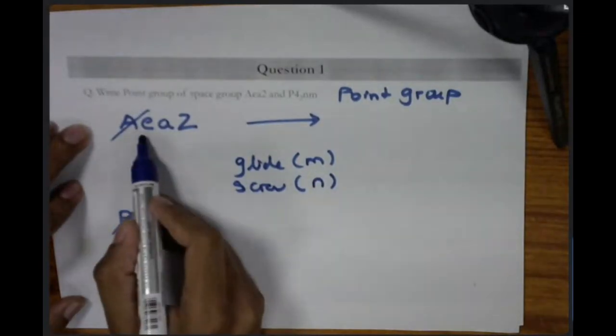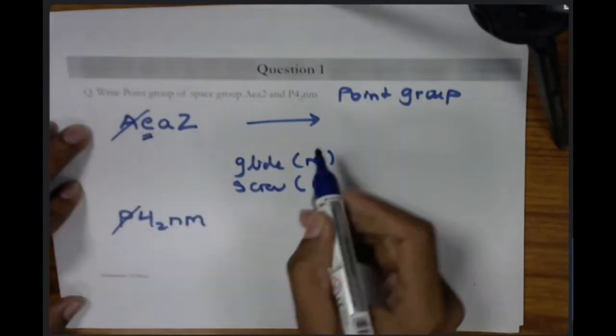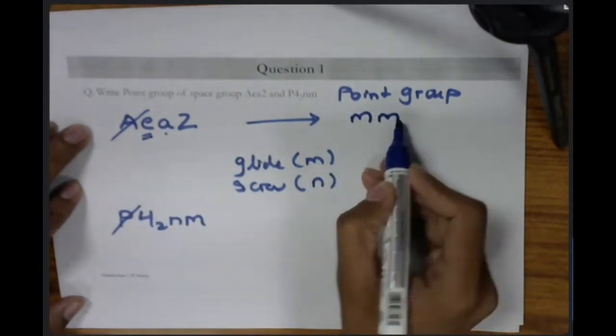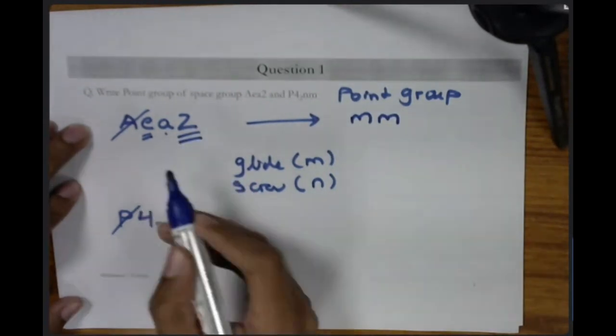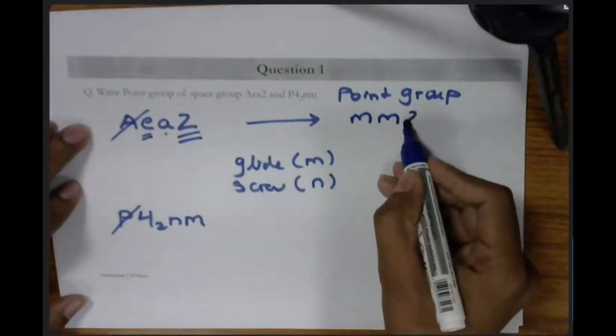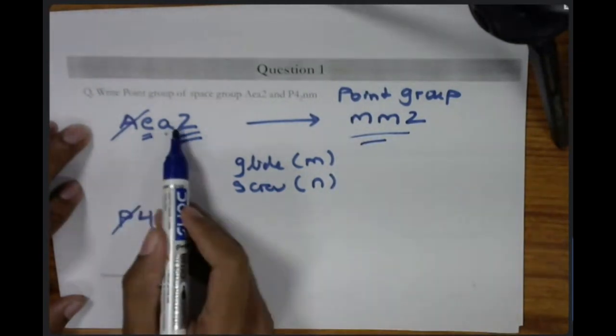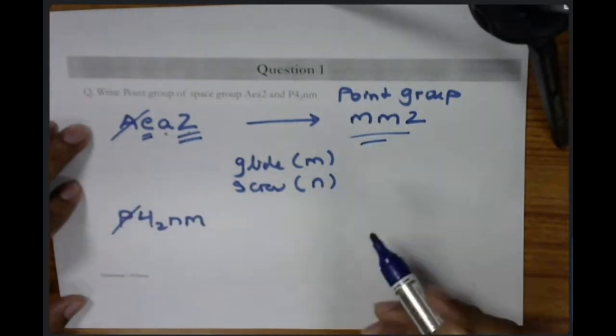So e, we know, is a glide, so we'll write m. a is again a glide, so we'll write m. And 2 is a two-fold rotation, so we can write it as it is. So the point group corresponding to the space group Aea2 is mm2.